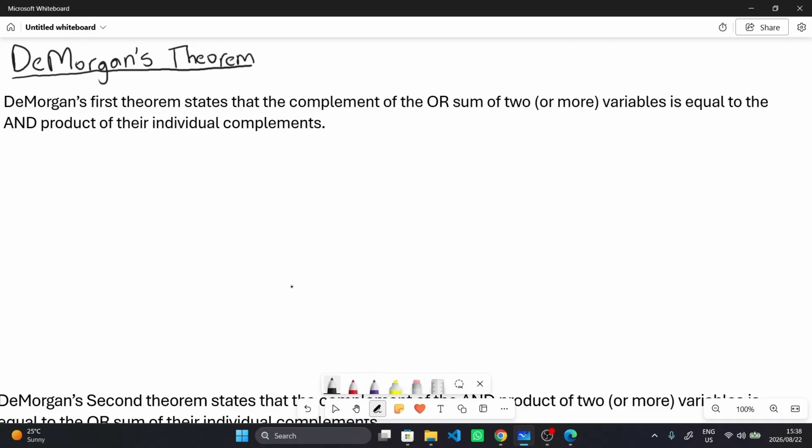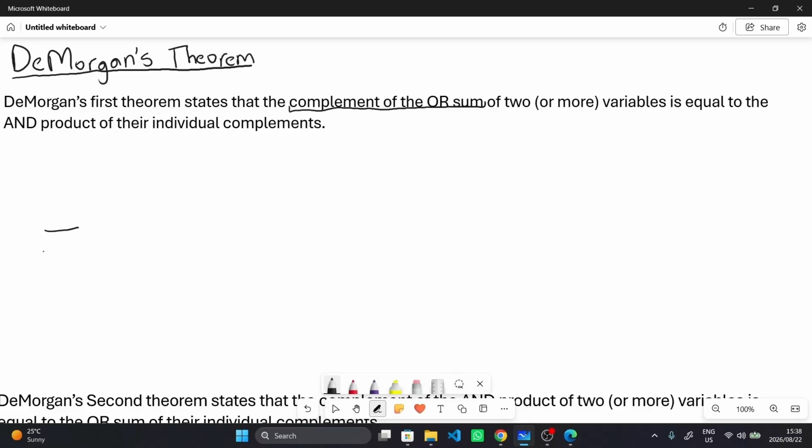So the first theorem states that the complement of a or sum of two or more variables is equal to the and product of the individual complements. So if we say complement of or sum, you can say it's something like this.